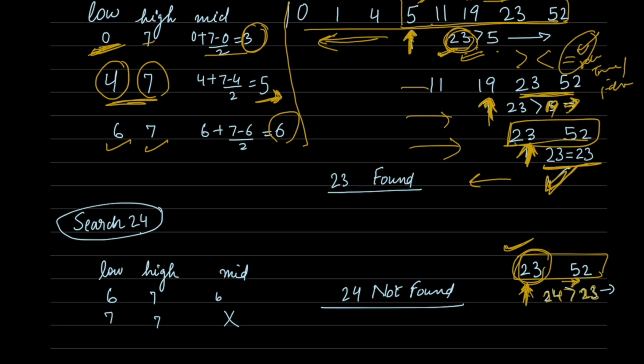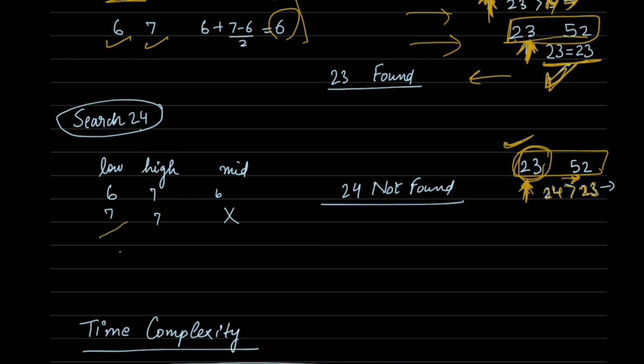Now we move to the right side, so our low becomes mid plus 1, equal to 7, and high is already 7. So when our low is 7 and high is 7, our mid is also going to be (7 plus 7) divided by 2, which would be 7. So we go ahead and compare it with the last element.